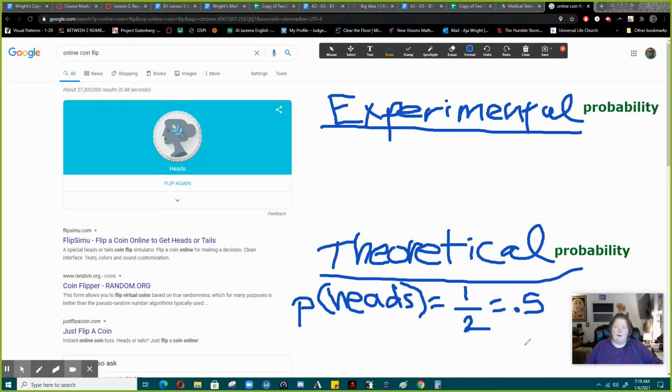Well, what's the experimental probability? That's based on me actually doing an experiment. The experimental probability depends on how many trials you do, which is how many times you run the experiment. So let's run this experiment 10 times.